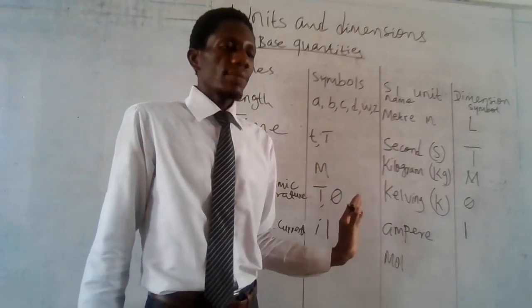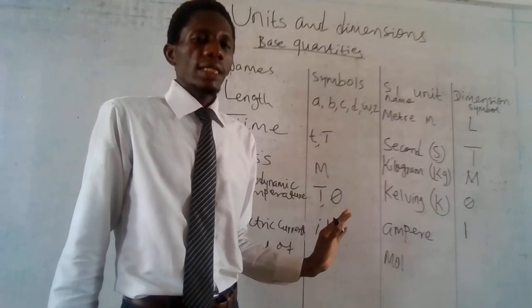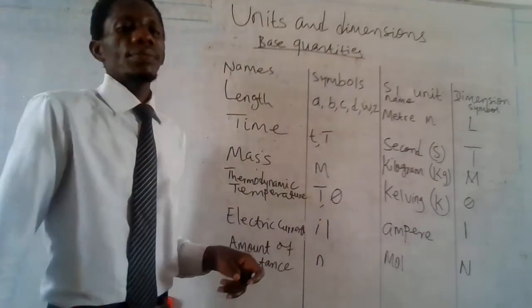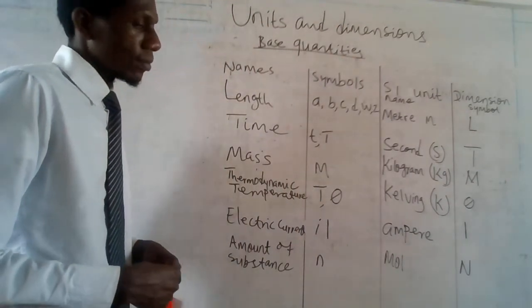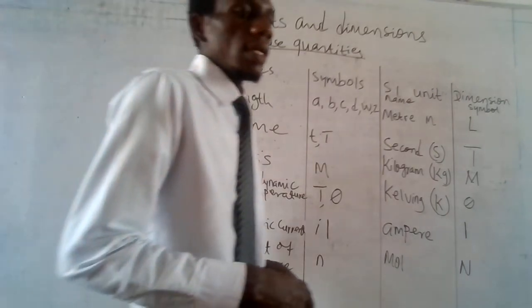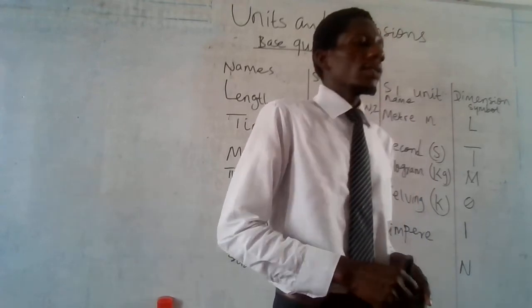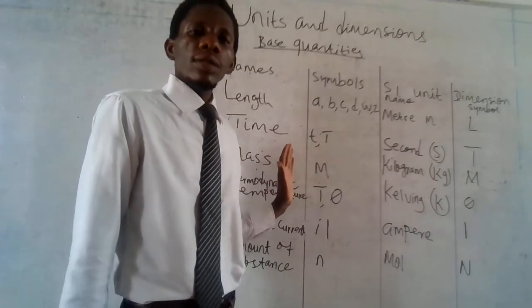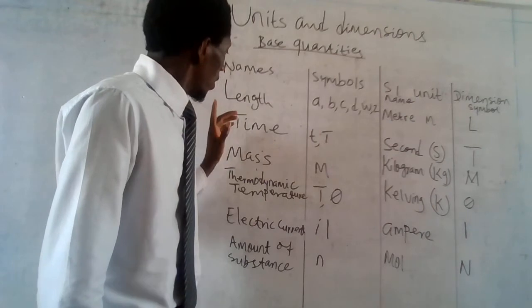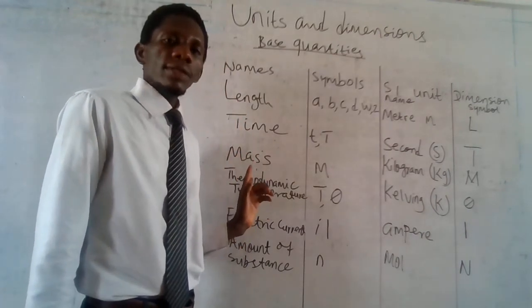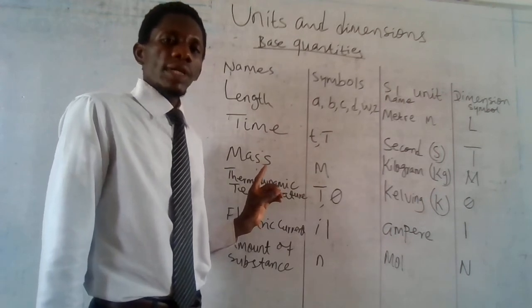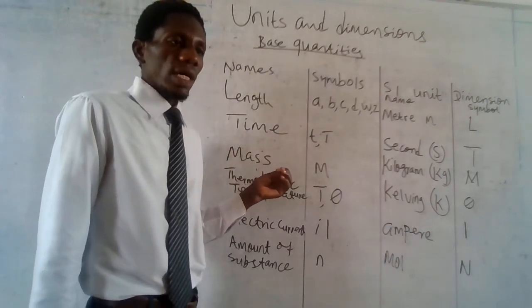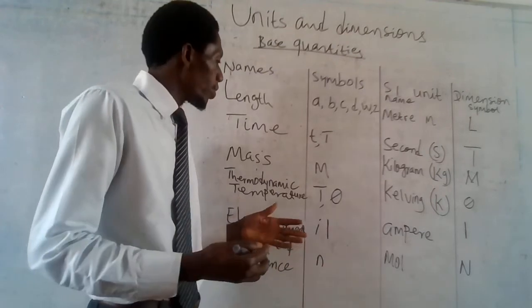And the dimension symbol for the amount of substance is N. So I would like to remind you that if you continue to study more about the SI unit, the units and the dimensions, you will come across some units that may be new to you.